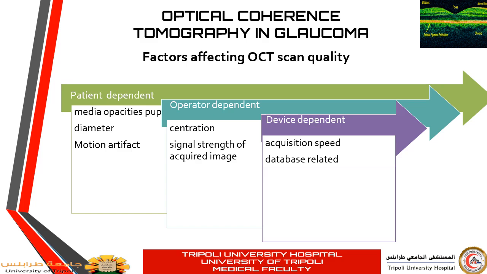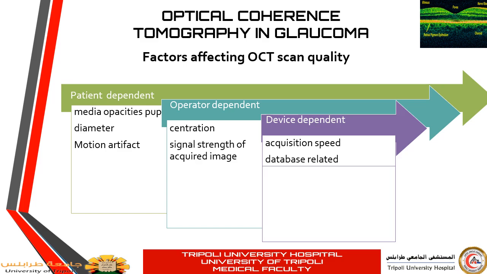If you mistakenly read the map without concentrating on the artifacts, you might get stuck with false positive or false negative results. These artifacts can be subdivided into three categories: patient-dependent artifacts, operator-dependent artifacts, or device-dependent artifacts.